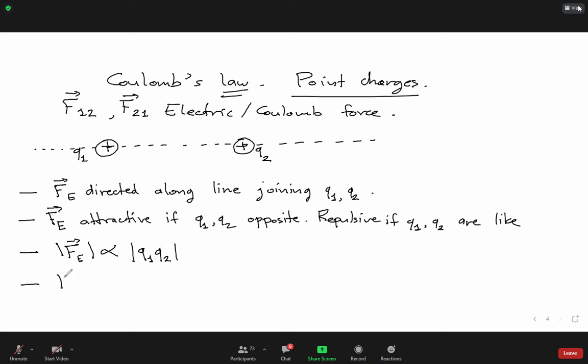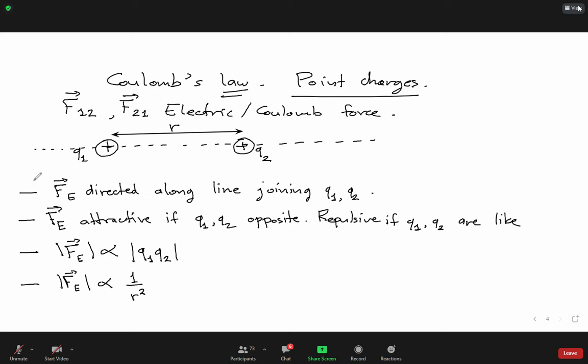And the magnitude of the force is inversely proportional to the separation between the two charges squared, where the separation between 2 points, of course, is uniquely defined, right? There is only one distance between any 2 points, at least in a Euclidean space, which is all that we're going to care about here, right? Again, these are all experimental facts. There is no way to know any of that without experimenting, right?